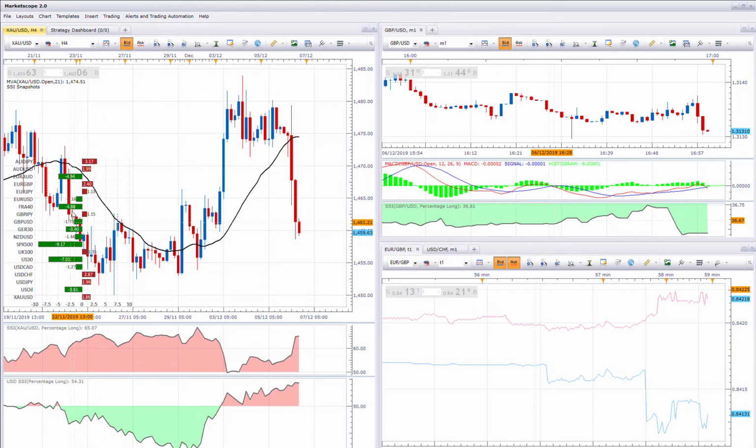So what you could do with the SSI snapshots, if you right click, change indicator, then you can do alphabetically, low to high. This could be a good idea for you: when something switches across that threshold, that could be your entry or a trade that you might want to follow or monitor.